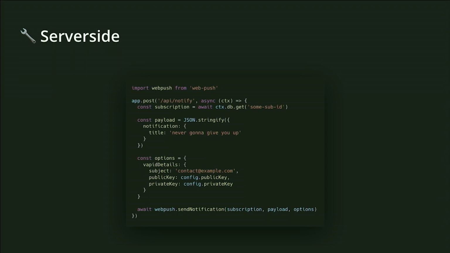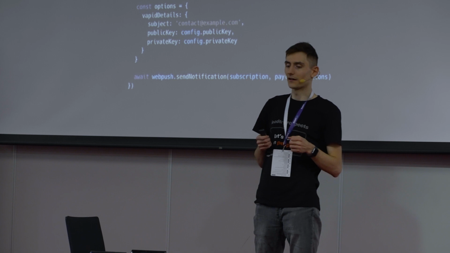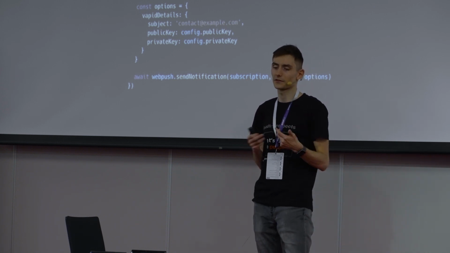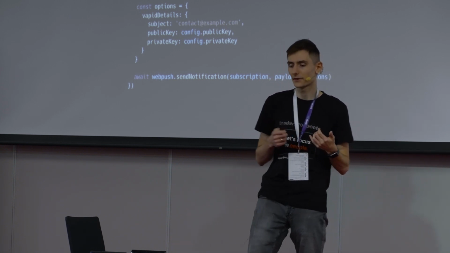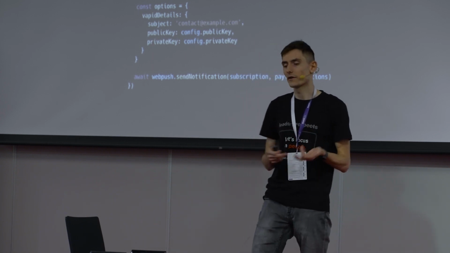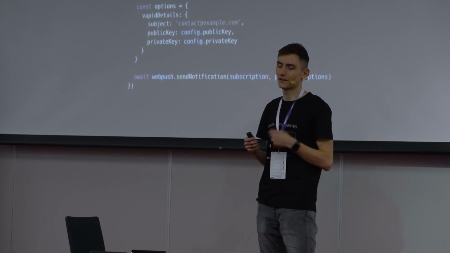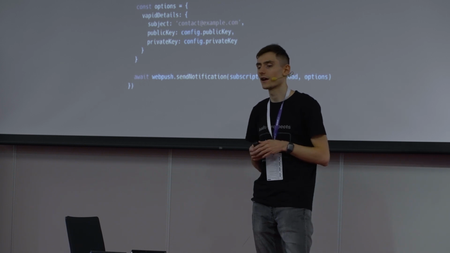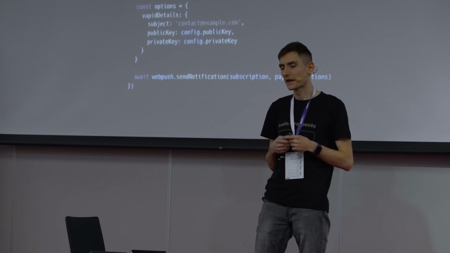And the last thing, we need to prepare some options that will be used for all of that authorization and message encryption, like the subject for JSON Web Token claims, public server key, private server key. Remember that the keys for the message encryption are inside the subscription object.